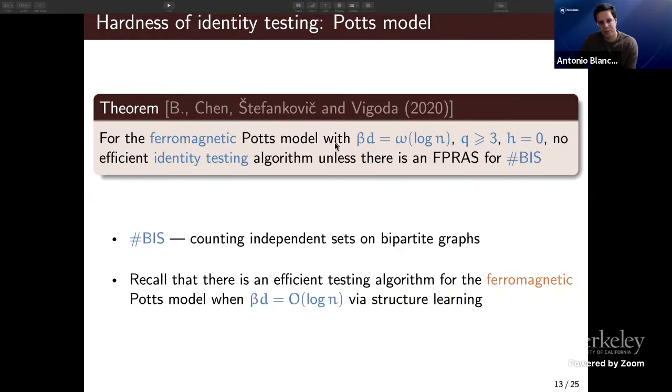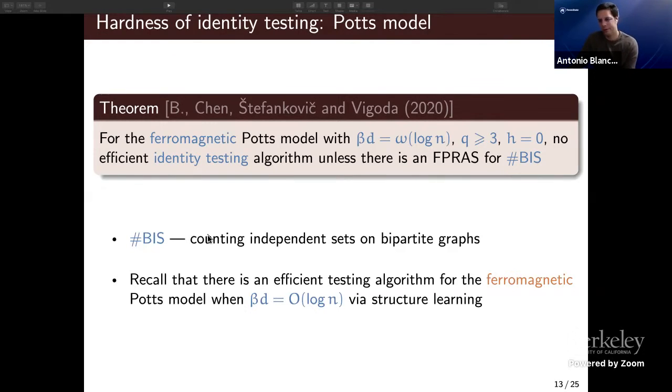And for this family of models, for the ferromagnetic Potts model under these conditions, we show that there is no efficient identity testing algorithm unless there is an FPRAS for #BIS. Okay? So this is the #BIS-hardness of the identity testing problem for the ferromagnetic Potts model. Remember that #BIS is the problem of counting independent sets in a bipartite graph.